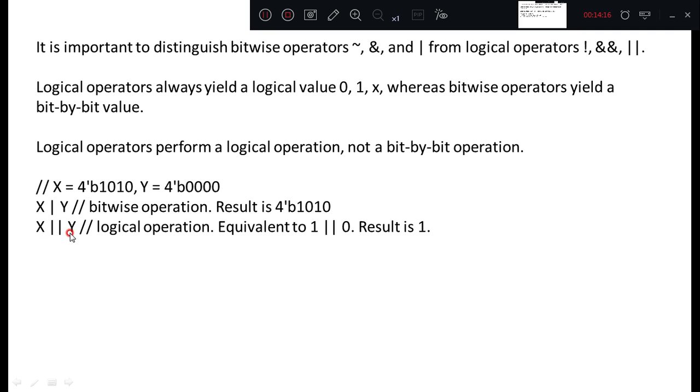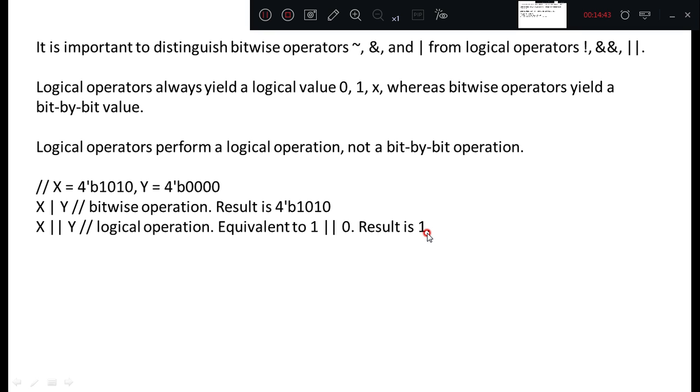If you perform logical OR of x with y, 1010 is a non-zero value, equivalent to logical 1, and y, with all bits 0, is equivalent to logical 0. 1 OR 0 gives logical 1.